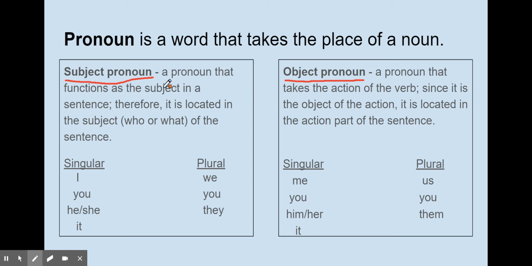So typically, your subject pronoun will come before the verb and the object will come after. Not all the time, but it's a good place to start. So some examples of objective pronouns that are singular would include me, you, him, her, and it, whereas plural objective pronouns would include us, you, and them.